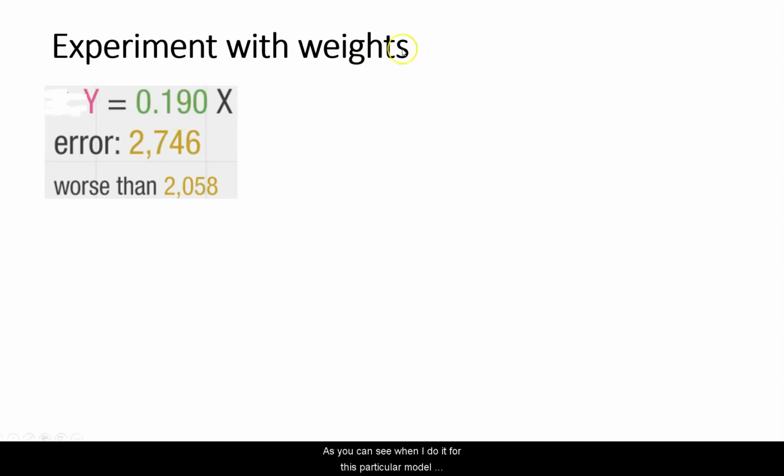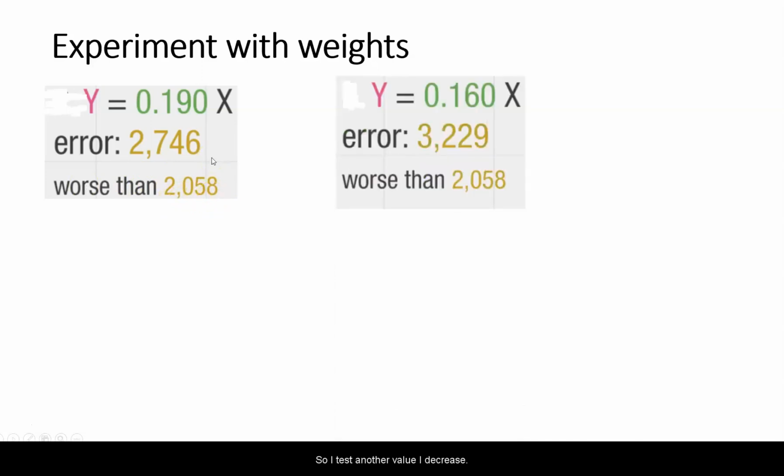So as you can see, when I do it for this particular model in which I have the weight as 0.190, I get my error to be 2746, which is actually worse than my previous model, which only had 2058.